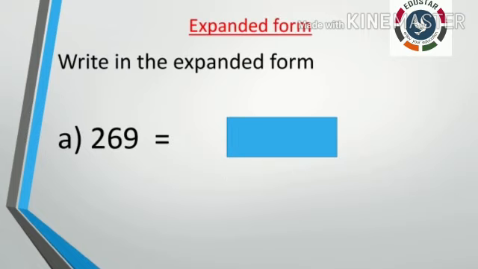Now we will see expanded form. Write in the expanded form. First question for you: 269. How will we expand this? By adding zeros, isn't it?